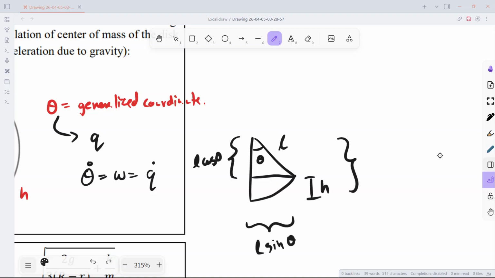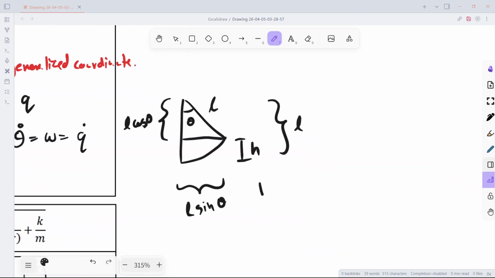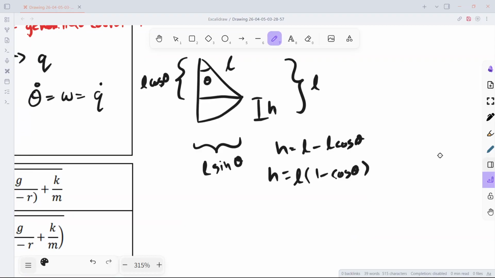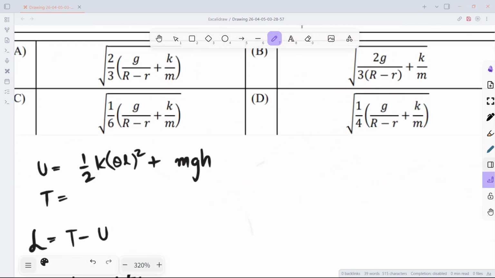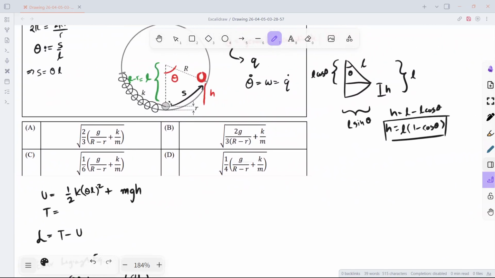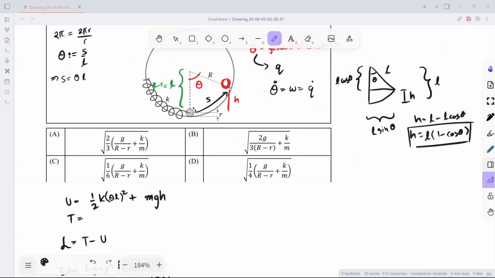This entire length is L, so h is the entire length, L, minus this length, L cosine theta, which is just L times (1 minus cosine theta). Okay, so that's my h.